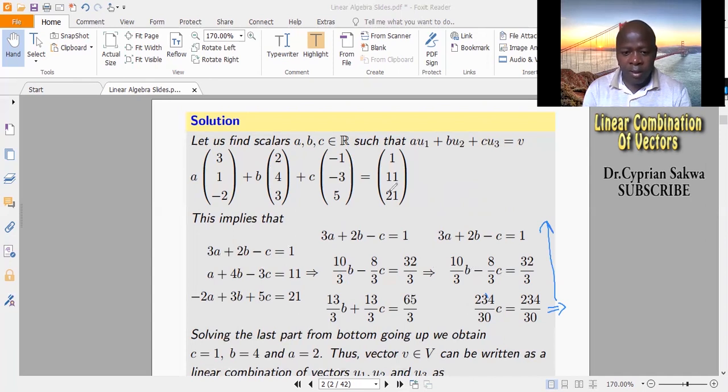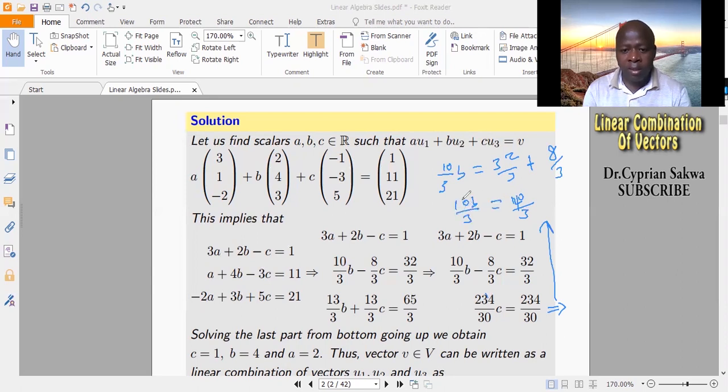Placing here 1, we can get B. So I did and found that 10 over 3 B will be the same as 2 over 3 plus 8 over 3. So the right side is 40 over 3, and the left side is 10B over 3.